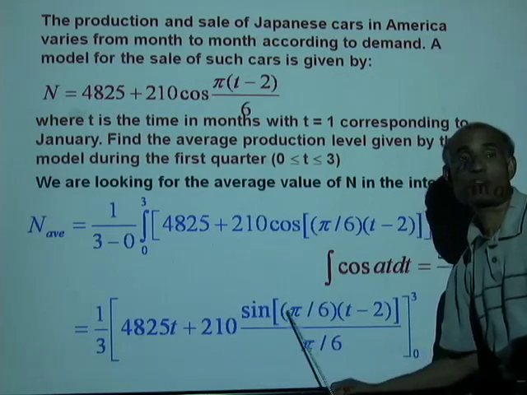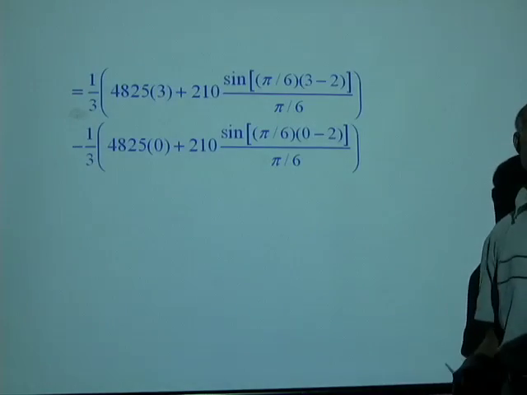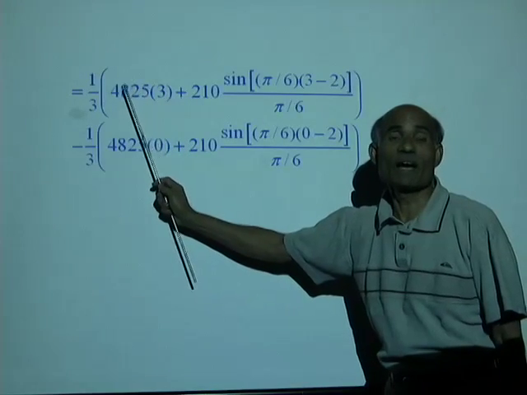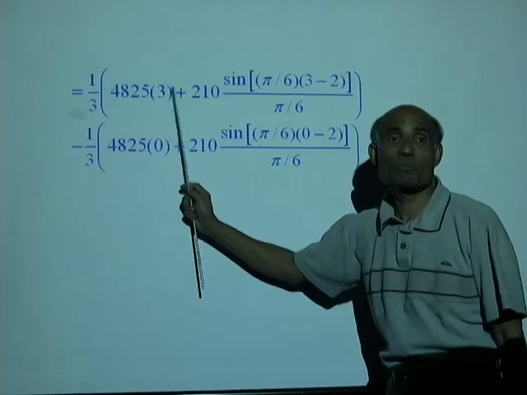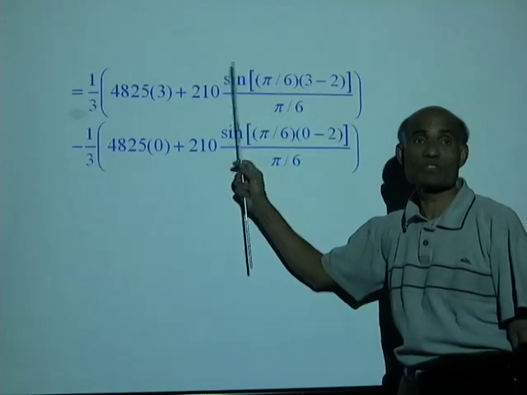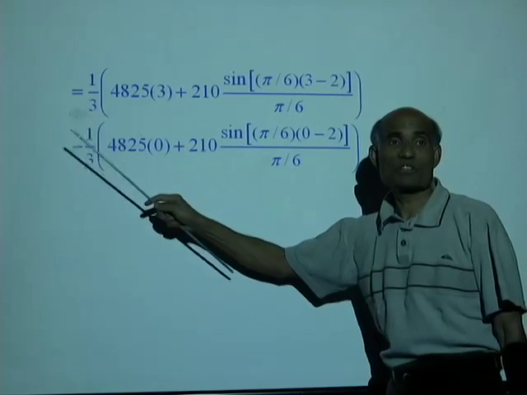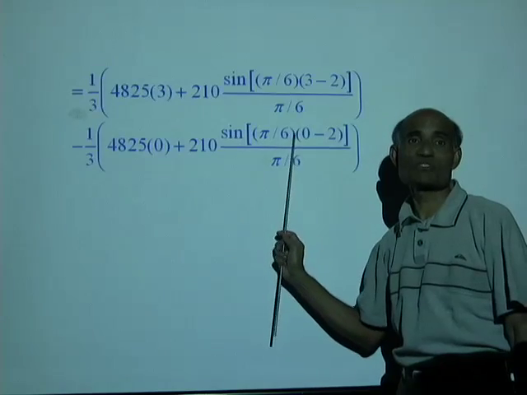That is the upper limit value, minus replace t equal to 0. Let's do that. I have replaced t by 3 in these two places where we had t, minus the lower limit, where we replace t by 0.